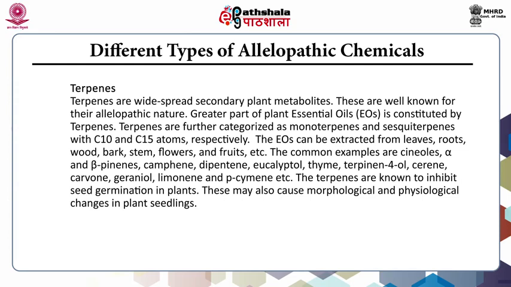Essential oils can be extracted from leaves, roots, wood, bark, stem, flowers and fruits, etc. Examples are cineole, alpha and beta pinene, camphene, dipentene, eucalyptol, thymol, terpineol, paracymene, carvone, geraniol, limonene, etc. They inhibit the seed germination in plants and they may also cause morphological and physiological changes in plant seedlings.